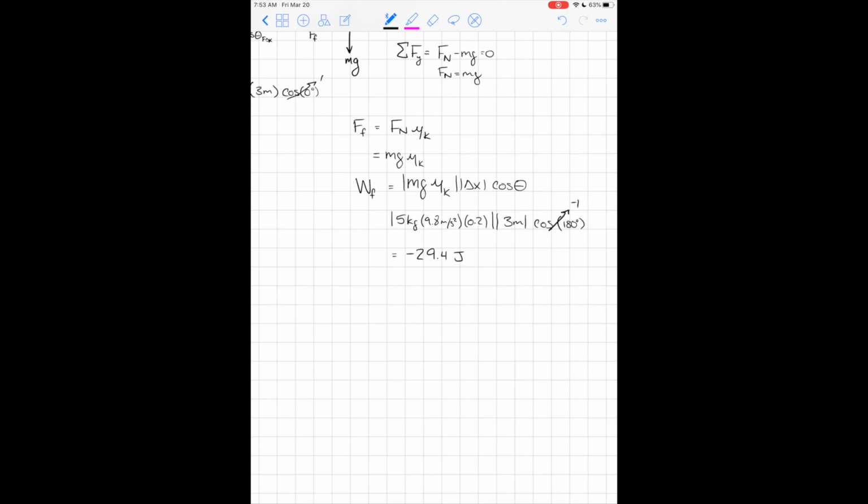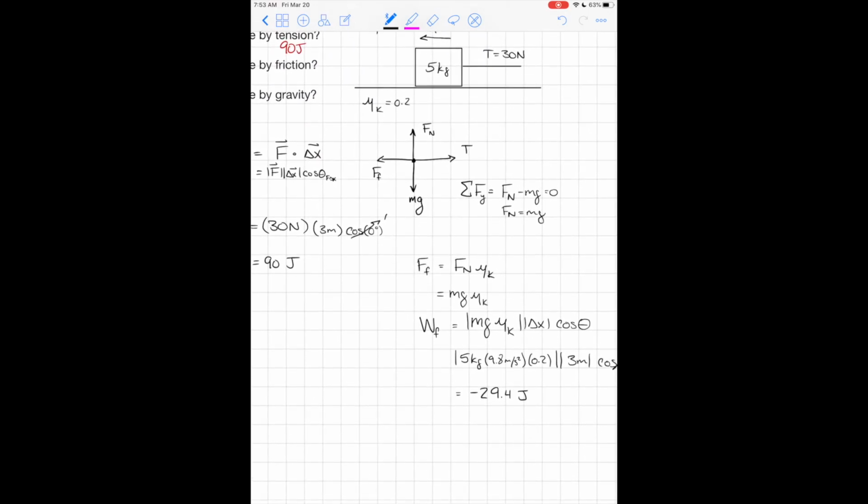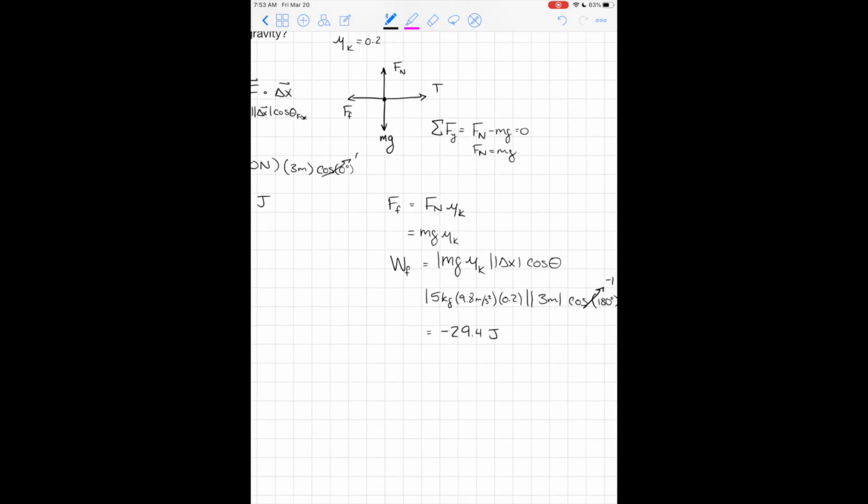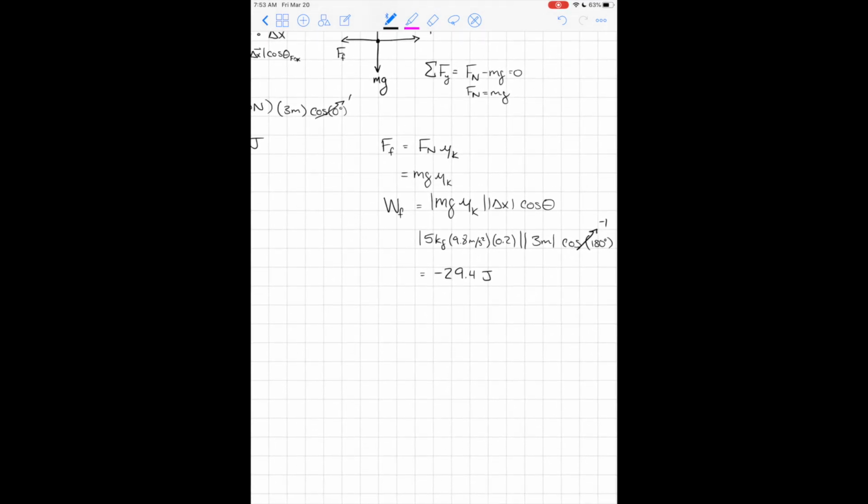And it's negative because we are moving opposite the direction that the force is actually acting on it. So it ends up opposing and taking energy out of our system, essentially.